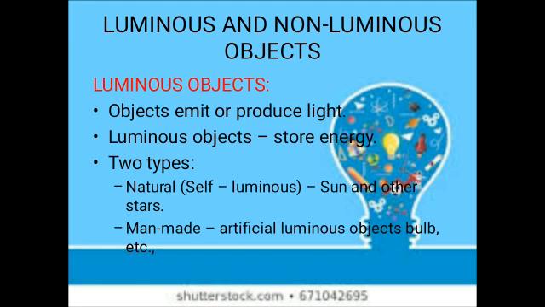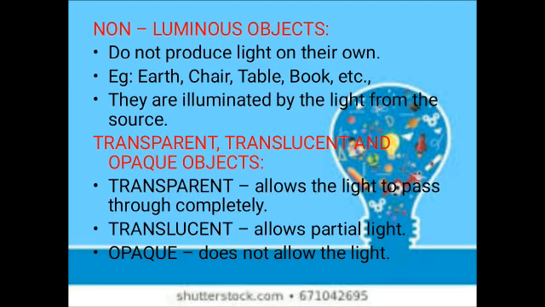Man-made luminous objects are those created by man. An example of such a luminous object is the electric bulb and artificial bulbs, etc. Right? Then non-luminous objects: those objects that cannot produce their own light are called non-luminous objects.